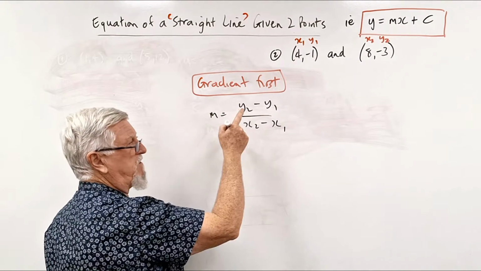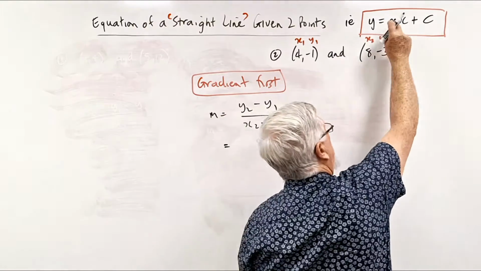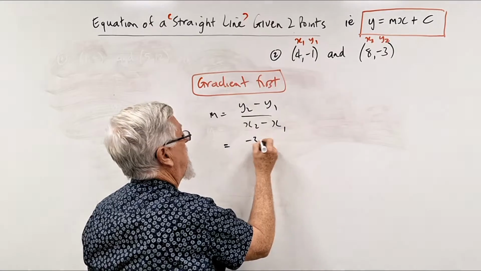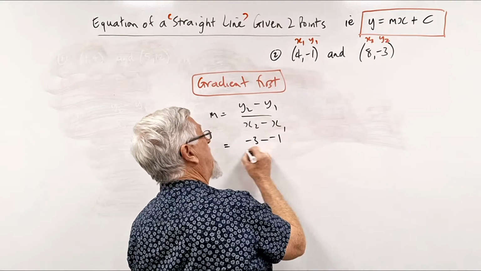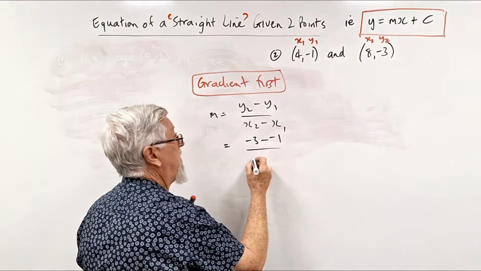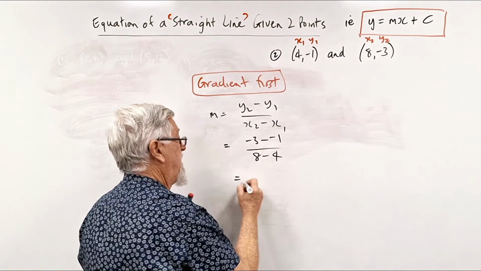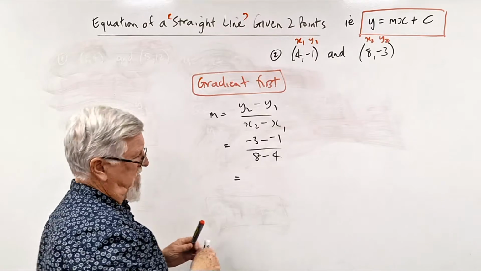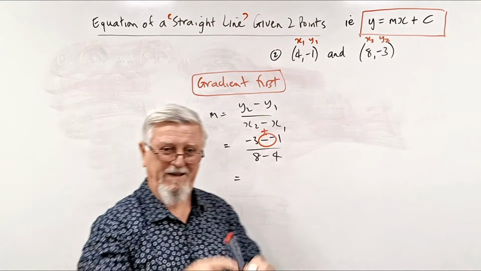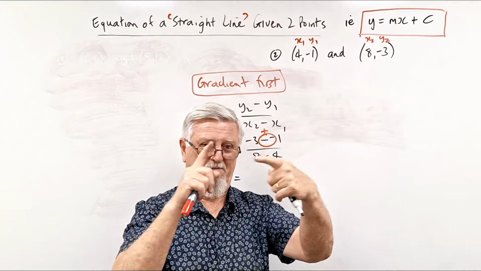So let's have a look at what we're going to do. Gradient first, always getting m, the gradient, first. We're going to go y2 subtract y1, and you end up with a double negative, over x2 minus x1. So we've got an 8 take 4. Now, I just look at those two negatives and write a plus. The old two negatives make a positive.